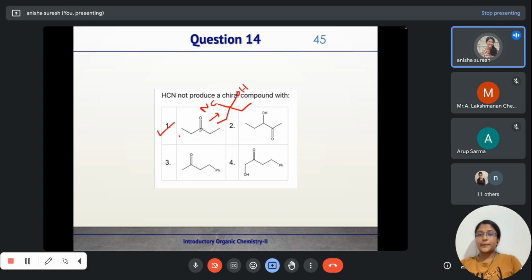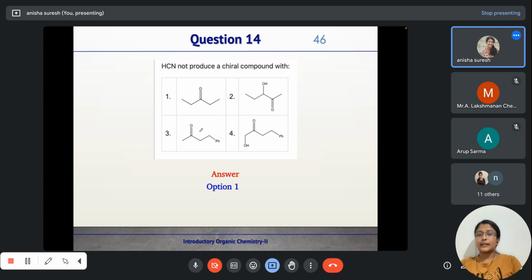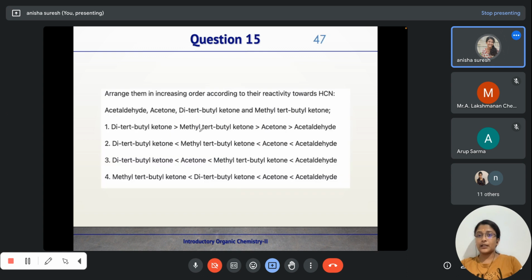Now coming to question number 15, which is the last question in this weekly assignment session. Arrange them in increasing order according to their reactivity towards HCN.